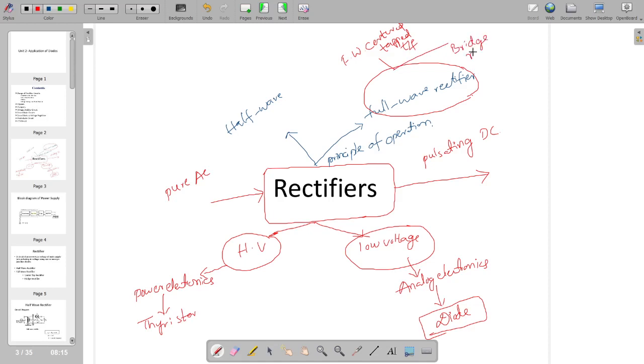Why is it a bridge rectifier? The diodes are arranged in the manner of a bridge, so that arrangement is called a bridge rectifier.